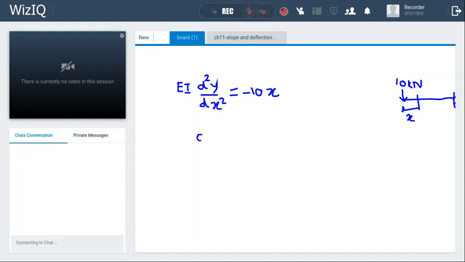So this will be dy by dx after integration.